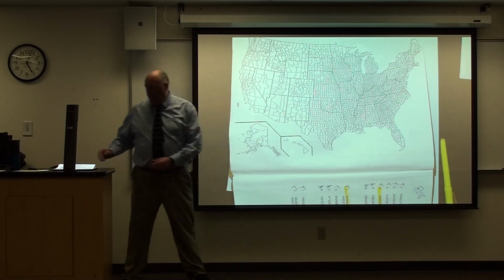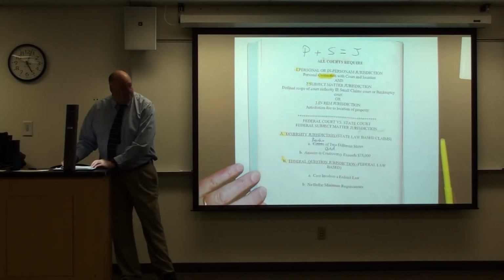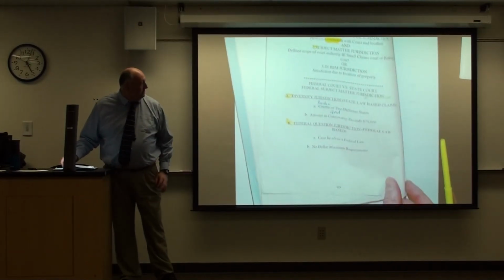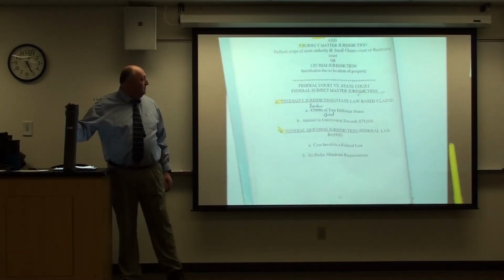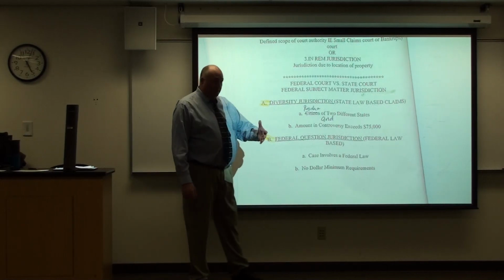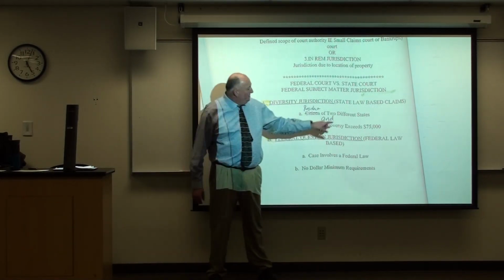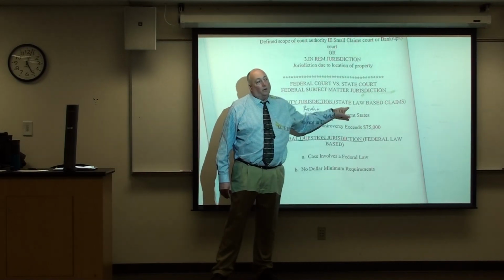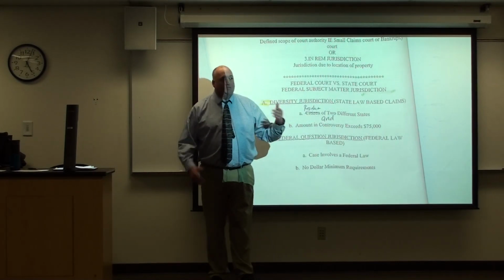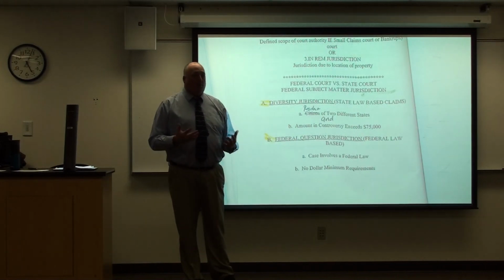Sorry, back to page 21. Most of the time, an automobile accident will be a violation of a state law. Like in Oregon, if you go through a stop sign and you don't stop and you run into me, that's Oregon statutes, ORS 811 something.